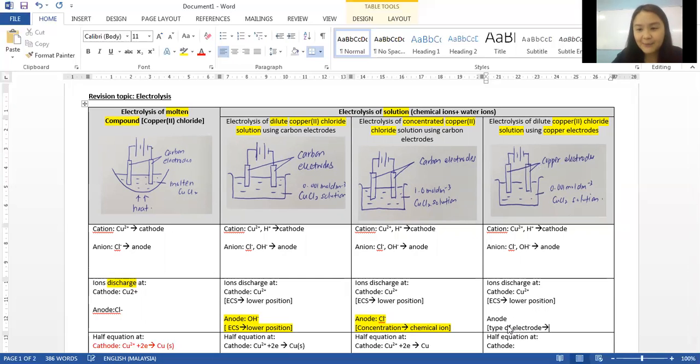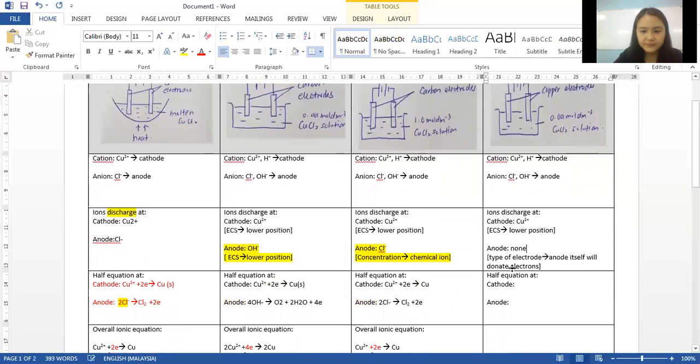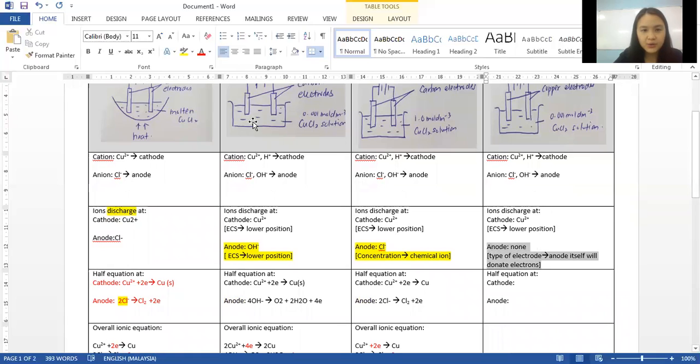And to recap, the rule of type of electrode is that the anode itself will donate electrons. You don't choose anyone, the anode itself donates electrons. So therefore, we choose none. Now you can see, when you use different electrodes, your choice is different, it's being affected.